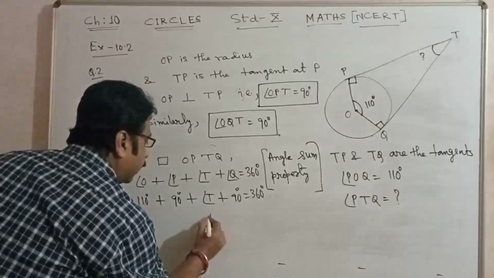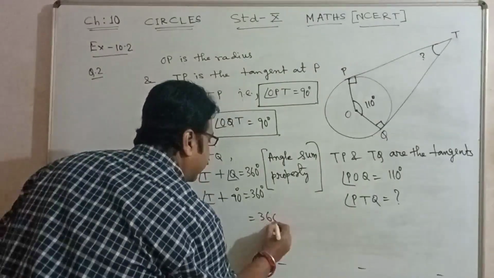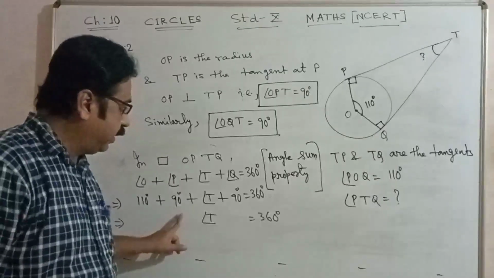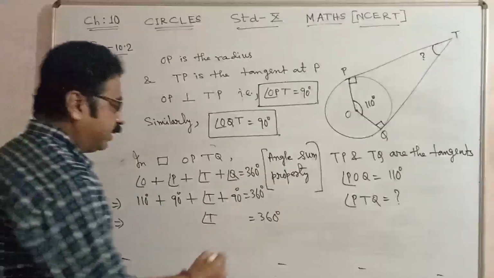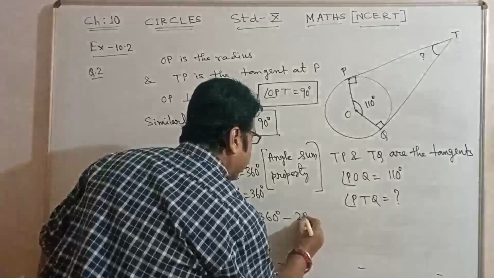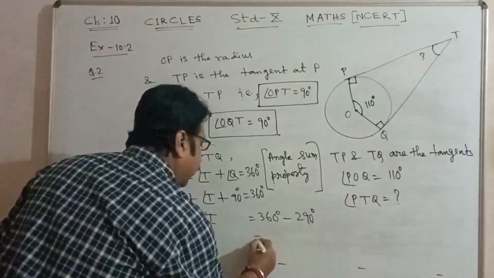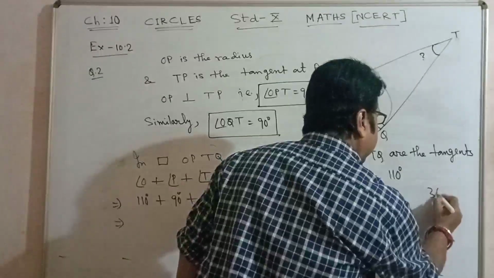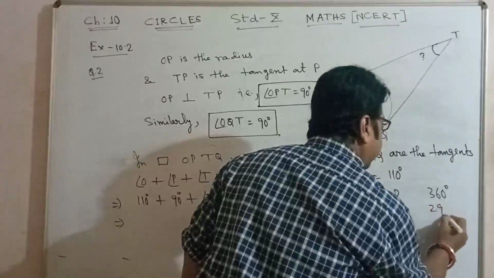We can write T equals to 360 degree minus this plus this, that is 200 plus 90, 290. Bringing 290 from left side to right side, angle T will become 360 degree minus 290 degree.